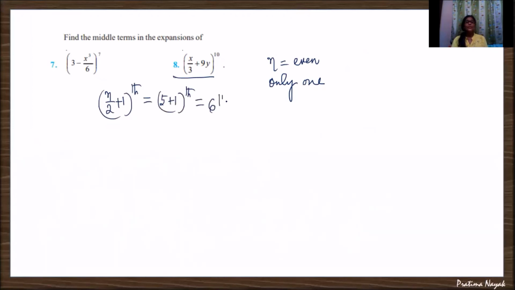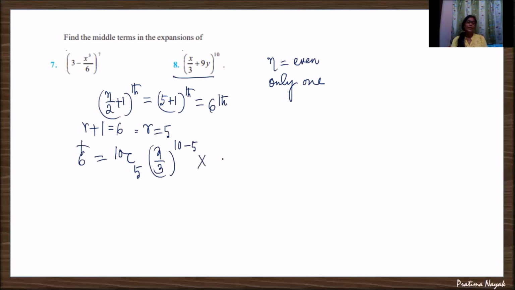So how to write the 6th term? For the 6th term, r plus 1 is your 6, so r is equal to 5. So the 6th term is equal to 10c5 x by 3 to the power 10 minus 5 and 9y to the power 5.